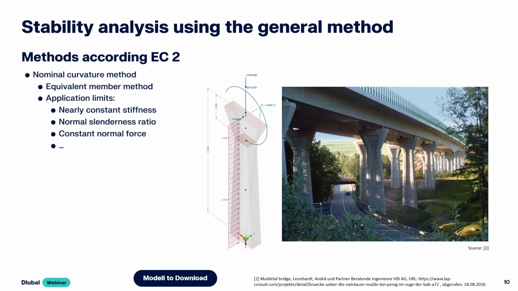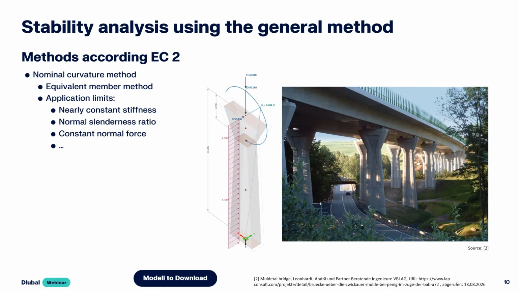However, this method has certain application limitations. These limitations rule it out for our bridge pier. The first is a nearly constant stiffness, which is not given here, due to the variable cross-sections. The second is a cautiously formulated normal slenderness, which may lead to inaccuracies for tall, slender structures.